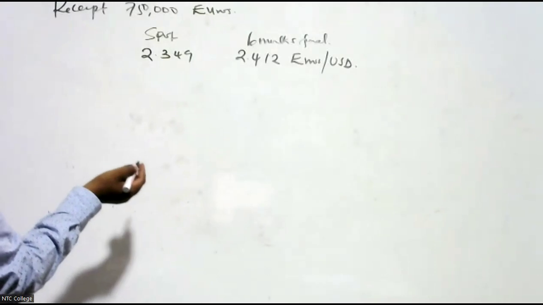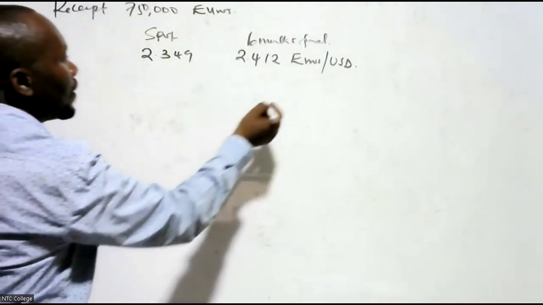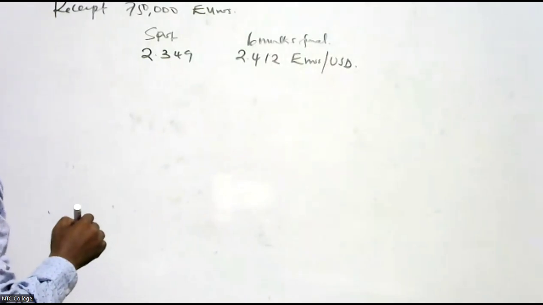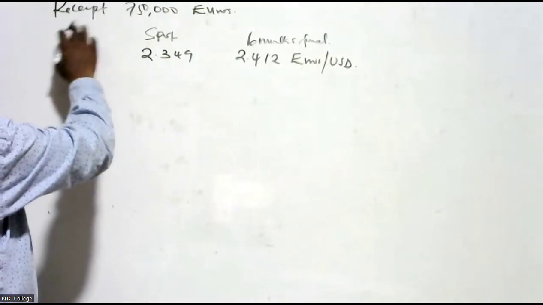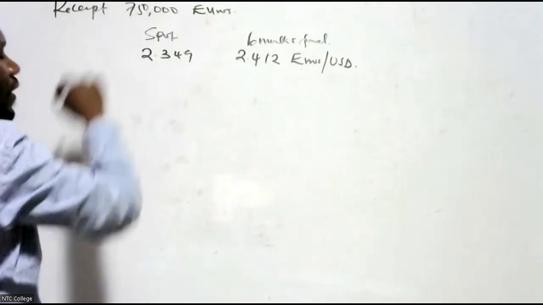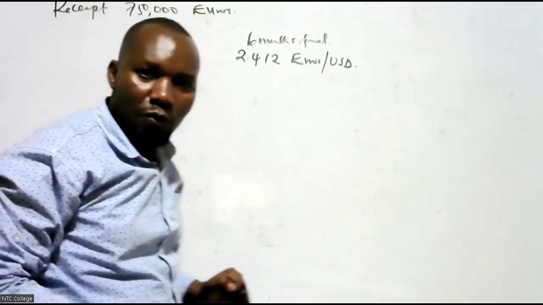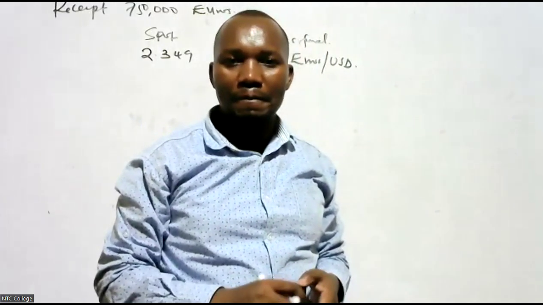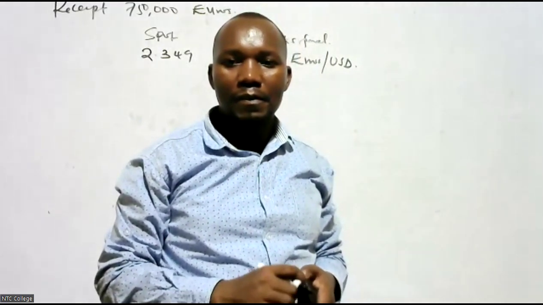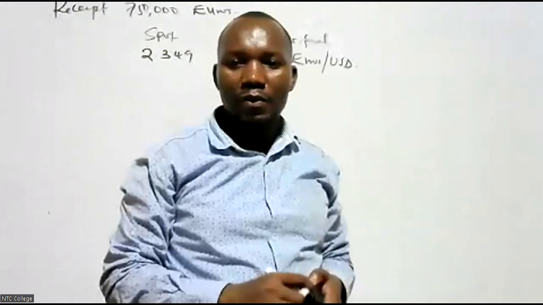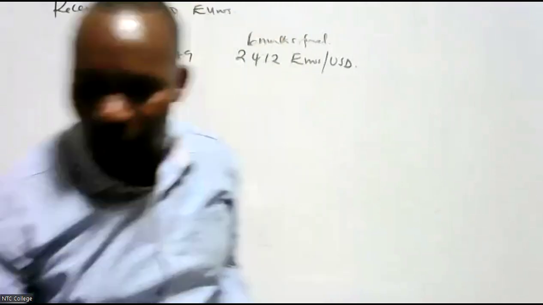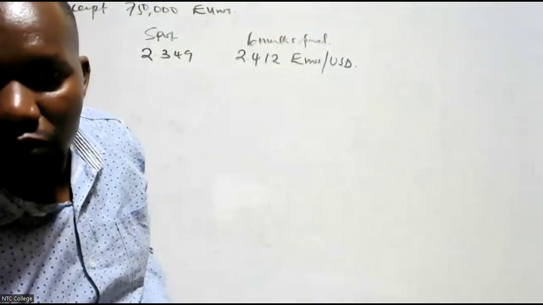We can say according to the expression of this, we are having euros against US dollars. This guy expects to receive this amount in euros, meaning ako wapi? Which one is the home currency? Huyu jamaa ako wapi? Which kind of expression is this?